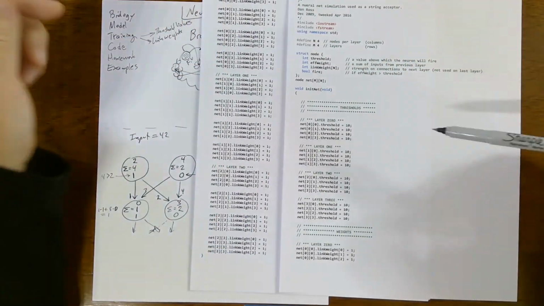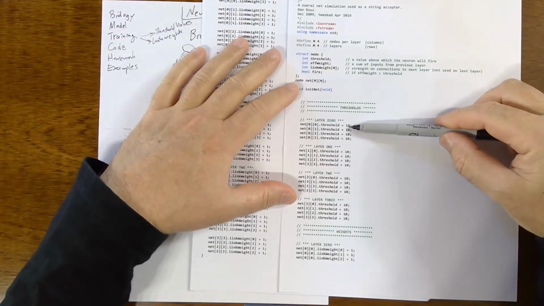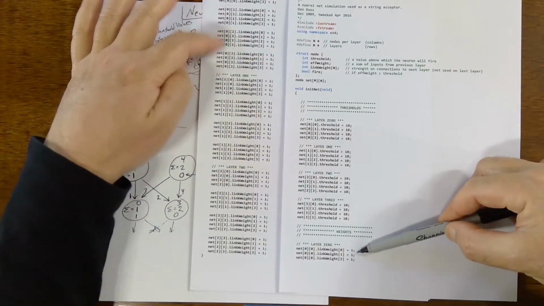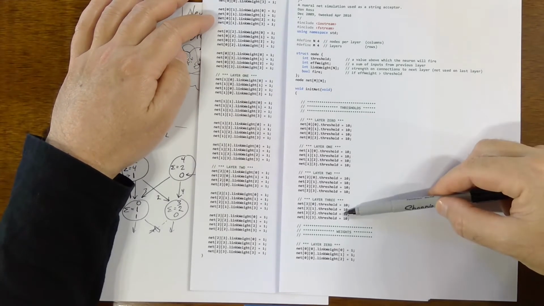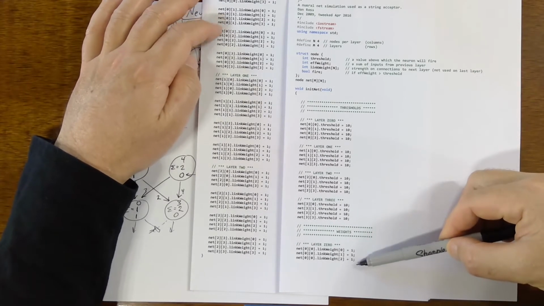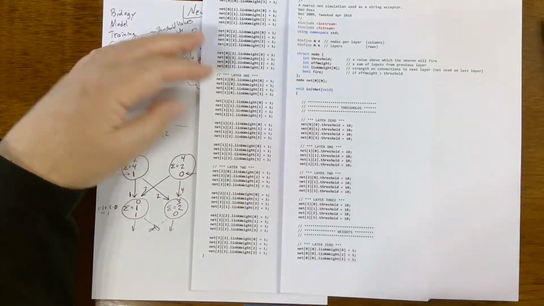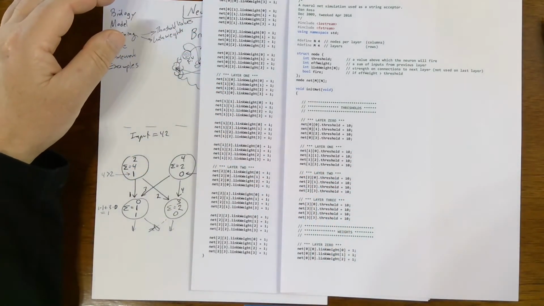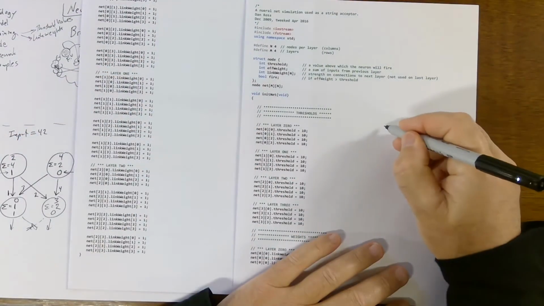Okay, it's pretty mechanical here, but the threshold values and the link weights are arbitrary. I just used 10 for the thresholds, and then I used 1 for the link weights all the way down. It's totally arbitrary.